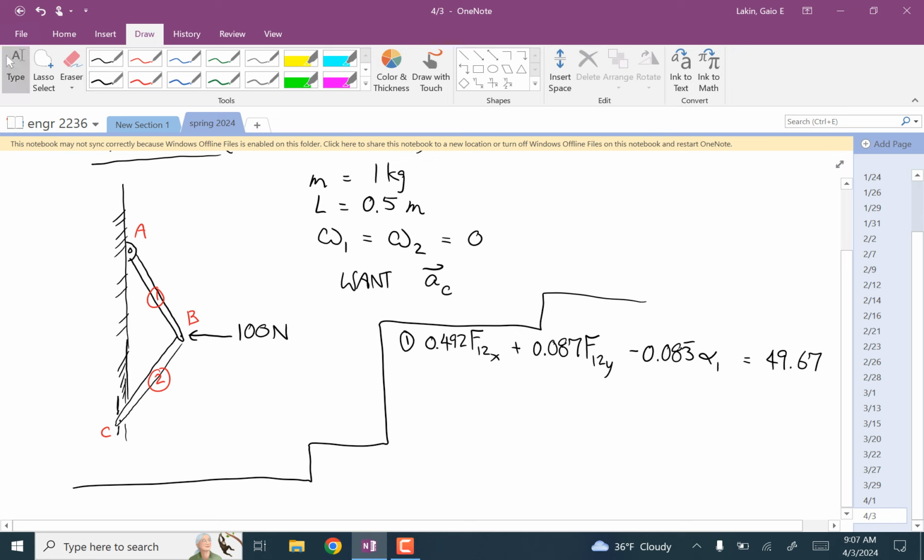Equation 2 says negative F12x plus RC minus A2x is equal to 0. Equation 3 says negative F12y minus A2y is equal to 9.81.